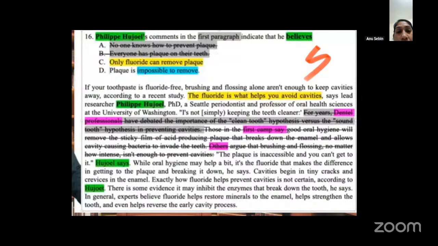So there, Philippe Hujoel mentions that fluoride is what helps you avoid cavities. In the question stem, they are asking about removing plaque. So these both are different. We have already seen that, so we can eliminate option C as well. So we can confirm that option D is the answer. Yeah, thank you.